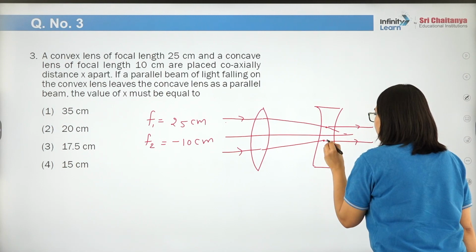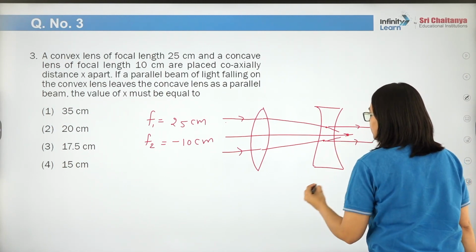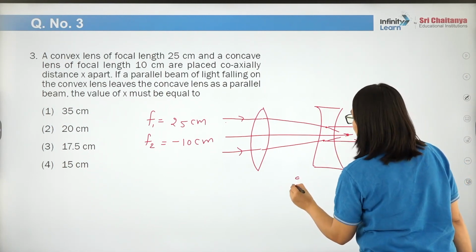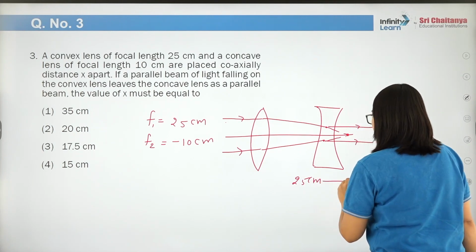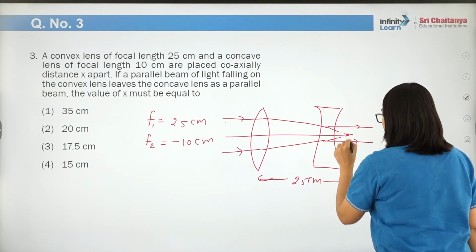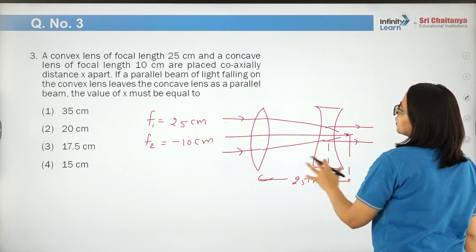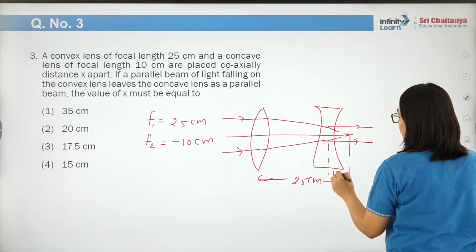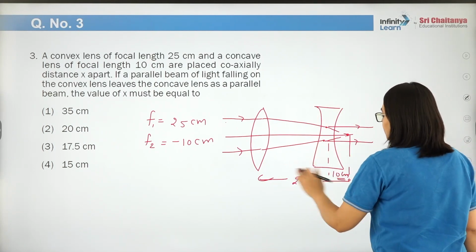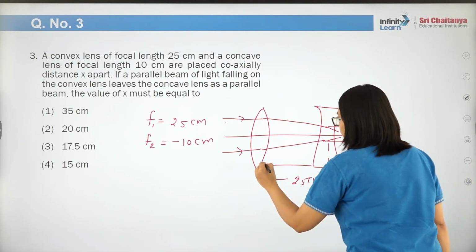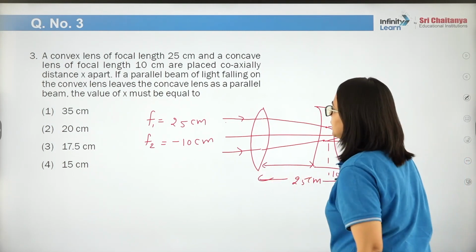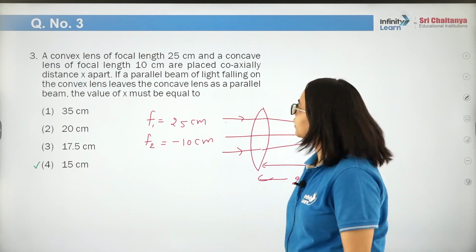So they are trying to converge over here, right? So this must be the focal length, which is 25 centimeter, and this must be the focus point for the concave lens, which is 10 centimeter. So the separation between these two lenses should be what? 25 minus 10, that is 15 centimeter, which is option 4.